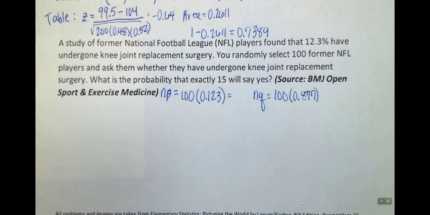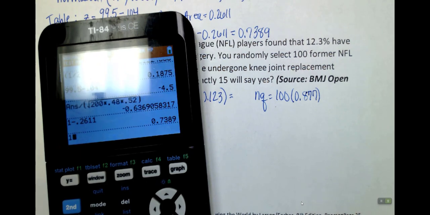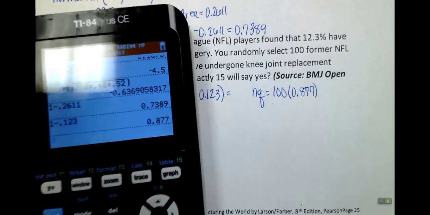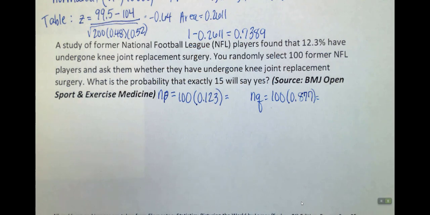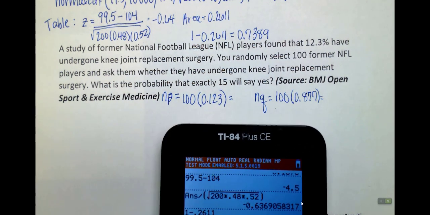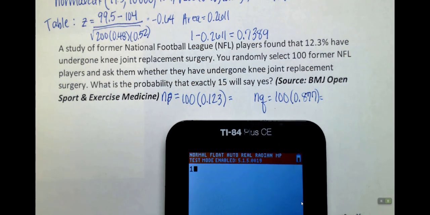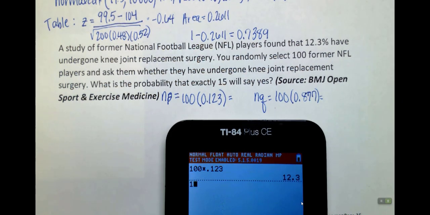Let me just double check that. 1 minus 0.123. Yeah, try not to do that too many times in your head, because it's going to be a little hard after a while. So 100 times 0.123, 100 times 0.877.